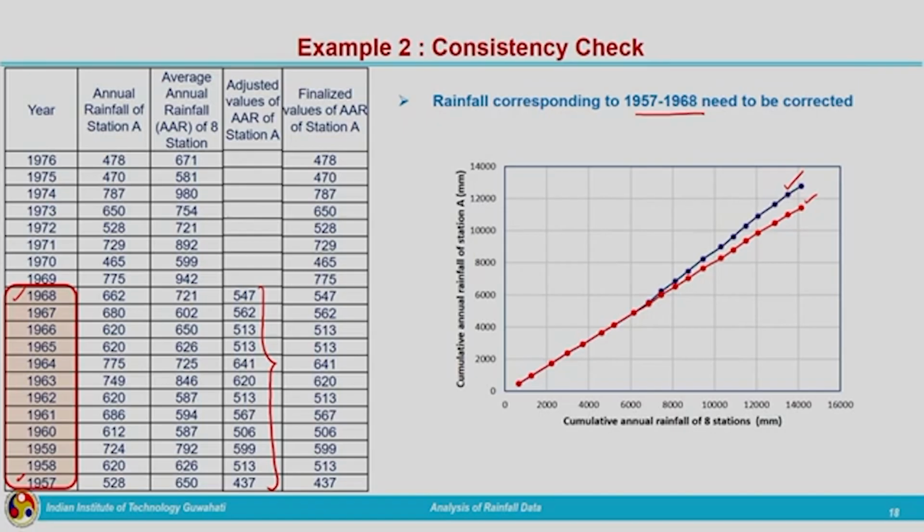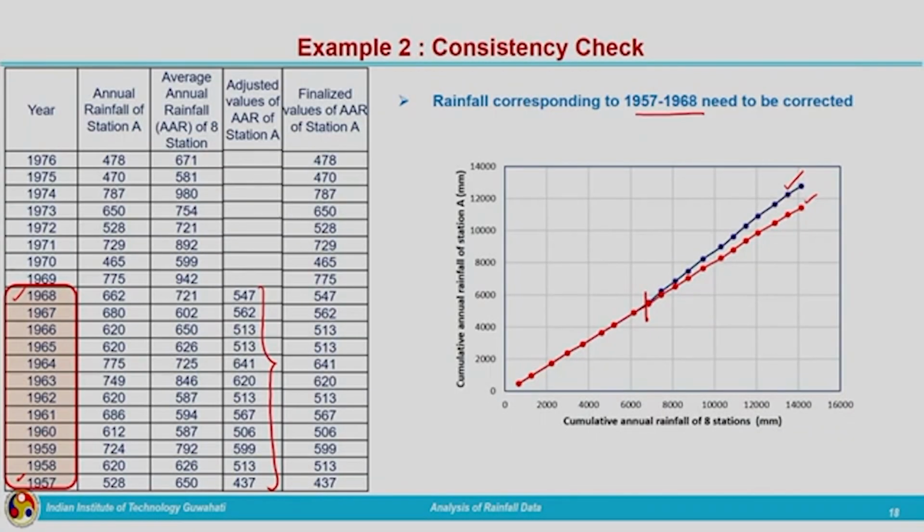So, this way we can correct it. We had the data from 1976 to 69, which we assumed is not having any inconsistency, and for 57 to 68 we found some inconsistency. We are not going after the reason behind it; we need to correct it before using it for any hydrological applications.